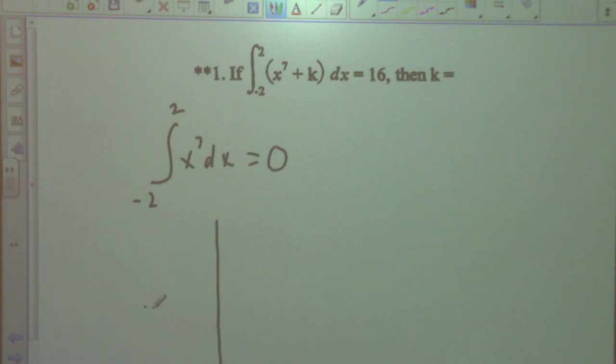The reason we know this is because here is the graph of x to the 7th power right here. At +2 and -2, this area cancels out this area. So the integral of this thing right here is 0. So that means what?